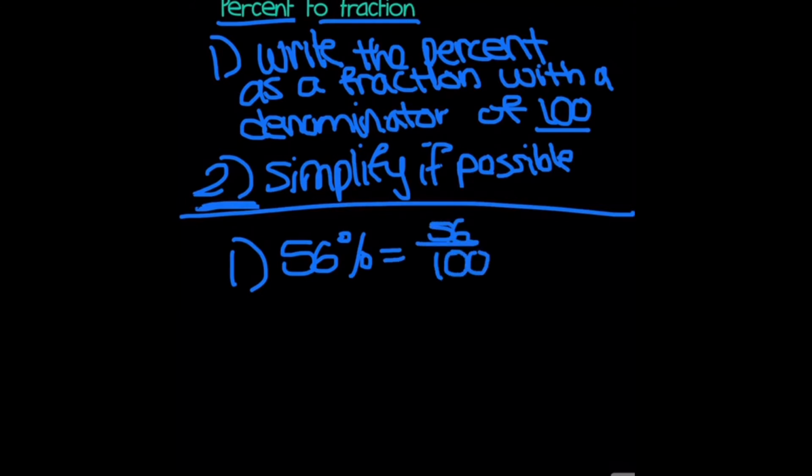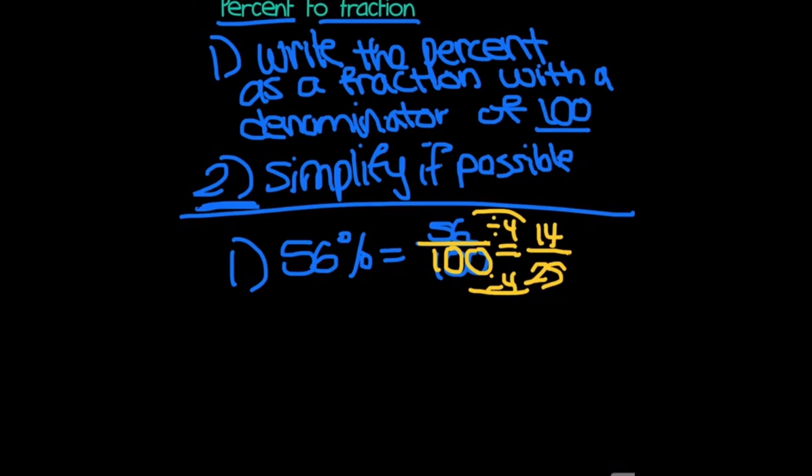I'm going to put that 100 underneath it. And then I can simplify it, and I get 14 over 25. I can divide both by 4. You don't have to write that right there, but that's it.